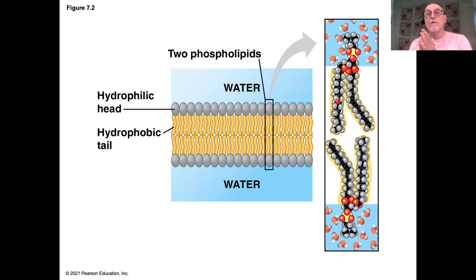And think back when we talked about the biomolecules, I showed you that if we force a whole lot of these molecules to be immersed in water, then there's only one way that they can behave so that they satisfy both the hydrophilic and the hydrophobic requirements of the molecule.